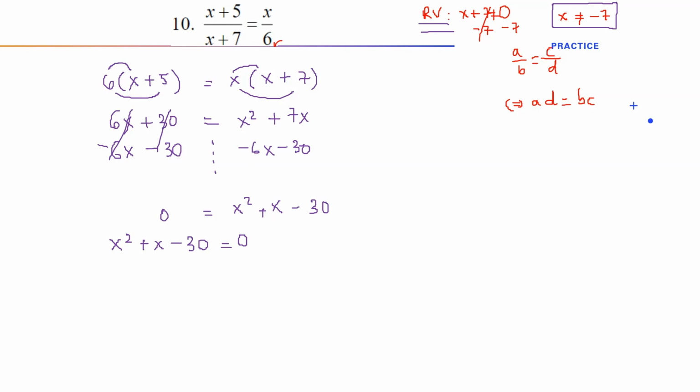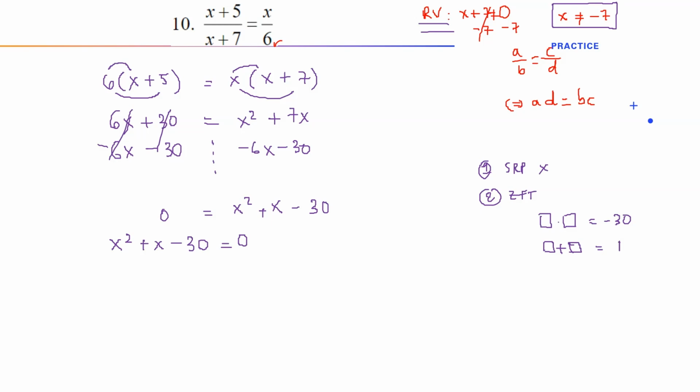Alright, so now we can check. We have 3 terms. We could not do the square root property. So we check for the second one, the zero factor theorem. Now check for the AC method. We have A times C is negative 30, right? And something plus another number is 1.